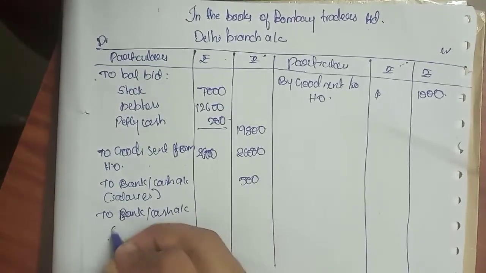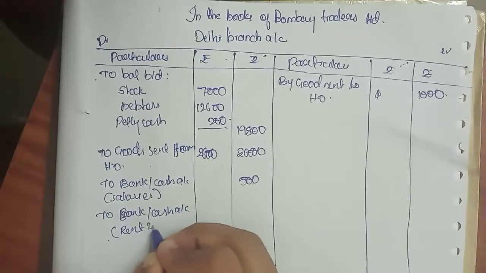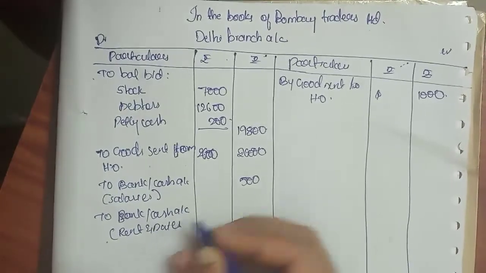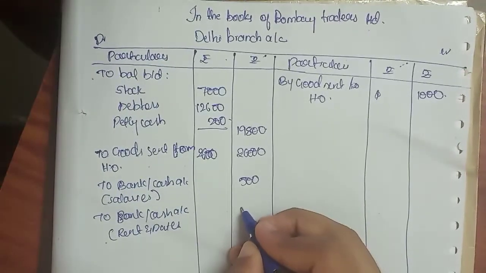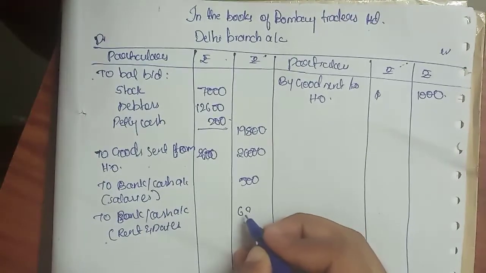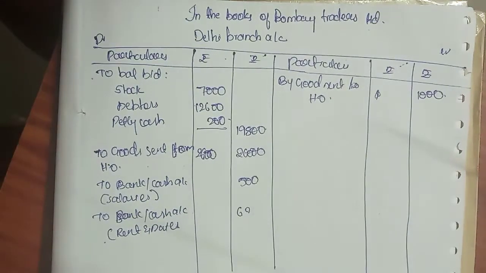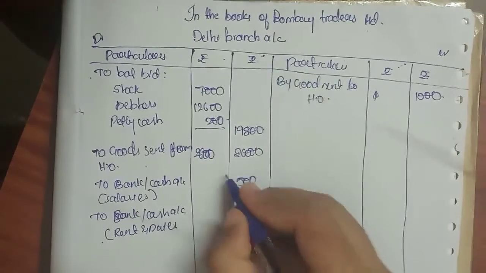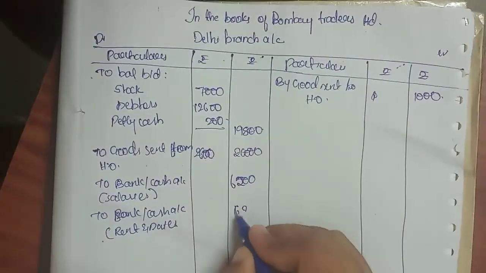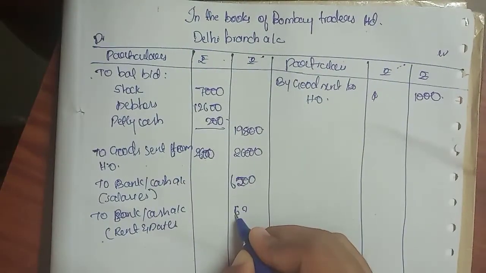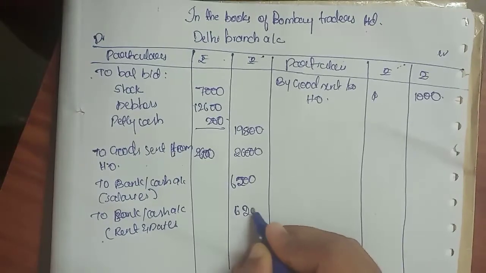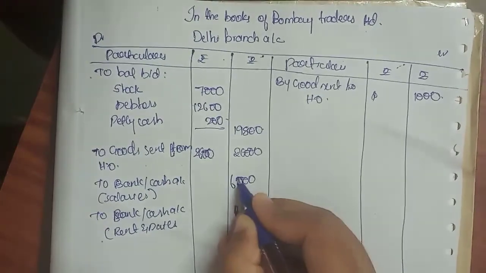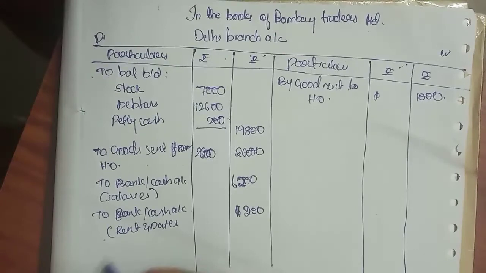In the bracket you are writing rent and rates. Sorry, this is 6,200 and this is 1,200. Got confused. 1,200 and this is 6,200.